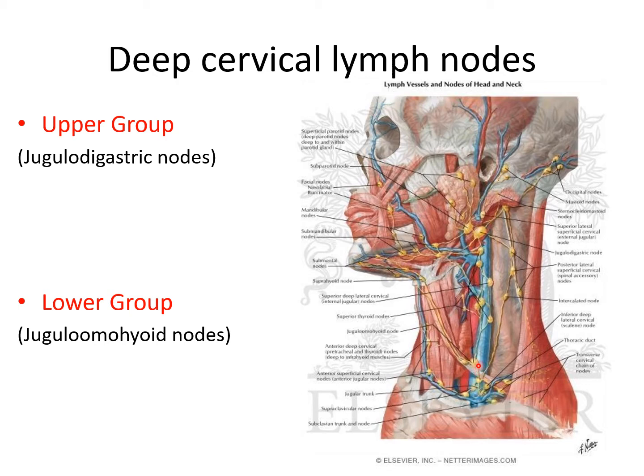Or we can also say that at the bifurcation of the common carotid artery, above it is known as the upper group and below it is the lower group. The upper group is also known as the jugulo-digastric nodes and the lower group is also known as the jugulo-omohyoid nodes. So let's look at the jugulo-digastric nodes first.